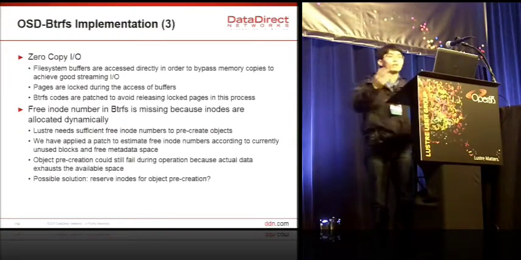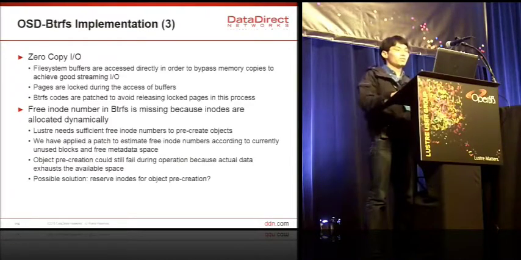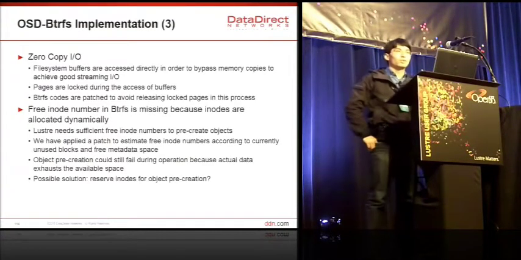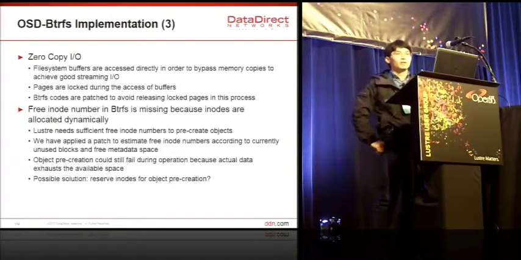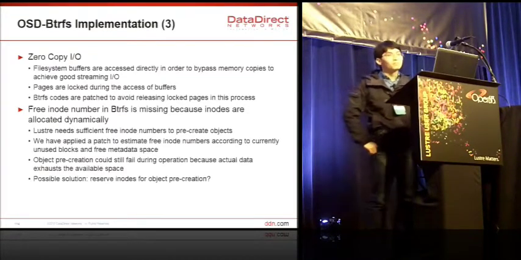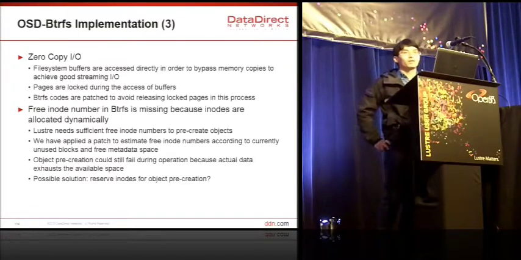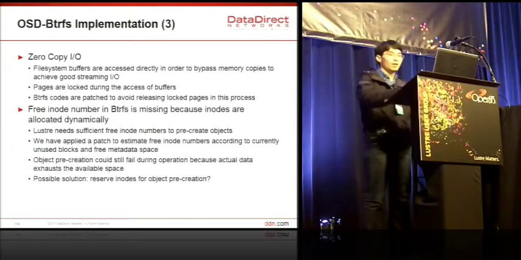So we have to apply a patch to estimate the free inode number according to the used blocks and the free data space. Well, I think this implementation might have some problems, but we need to check it in the future.